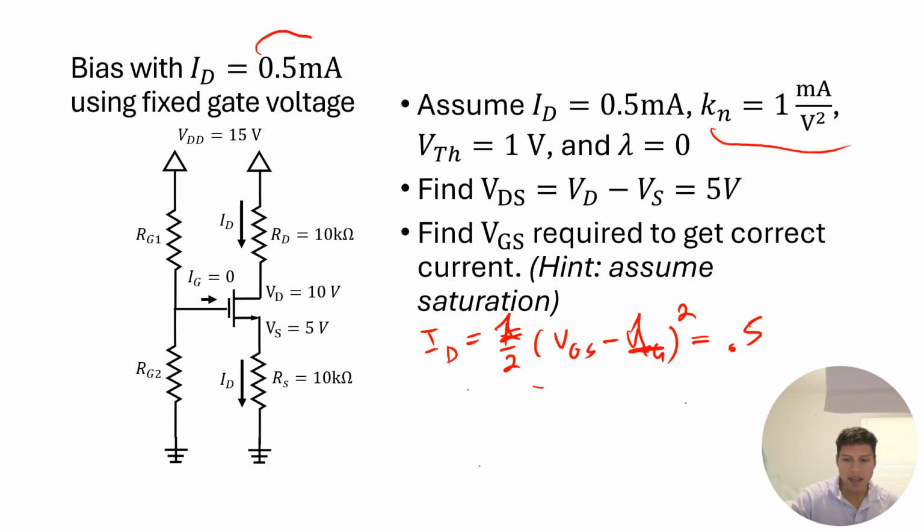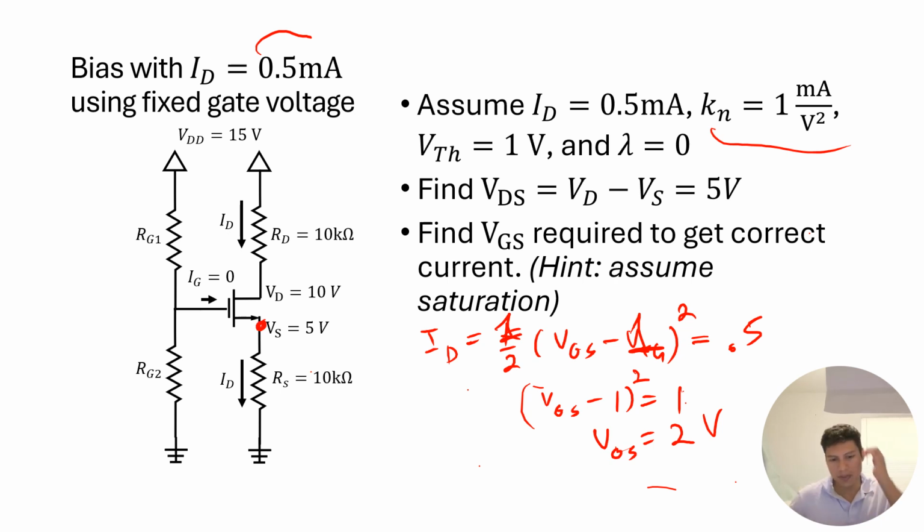So VGS minus 1 has to be equal to 1. We can take the square root of both sides, so VGS has to be equal to 2 volts. And we know that Vs is equal to 5 volts, so that means that Vg here has to be 7 volts.